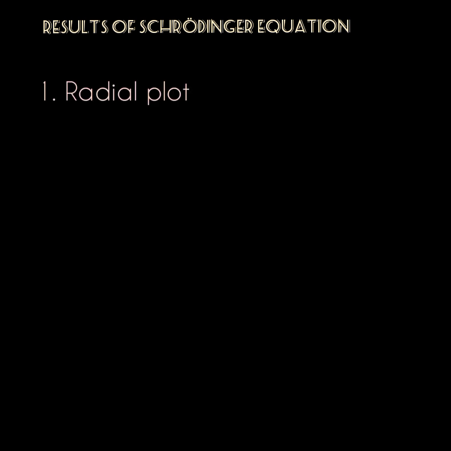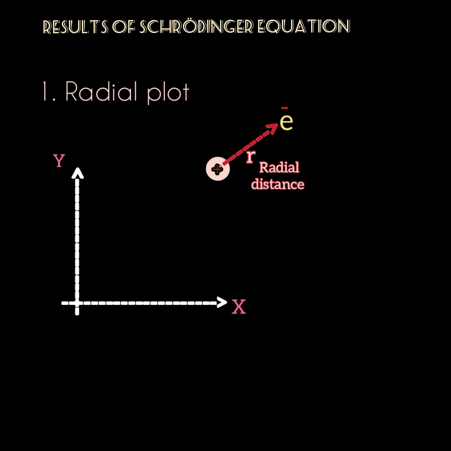Just imagine here is a nucleus, a proton, and the electron is located far away from the proton, and draw a line from the center of the nucleus to the electron. This line is called the radial distance r. Draw a plot here, x axis and y axis.